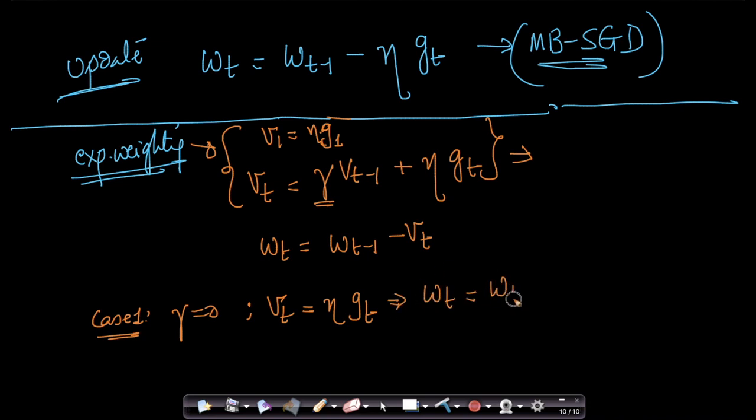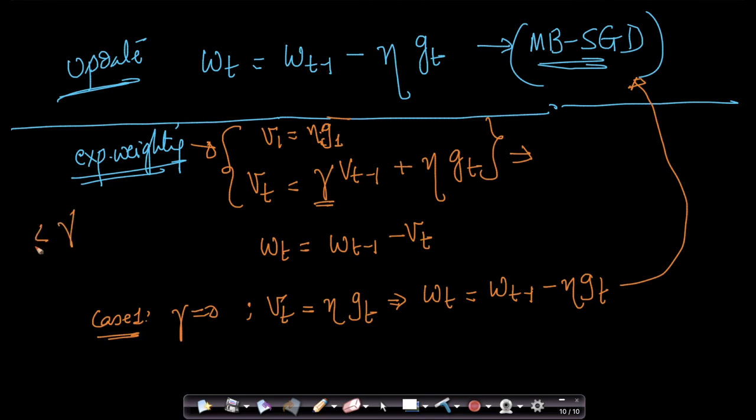My Wt is Wt minus 1 minus eta times Gt. This is nothing but your simple update, right? If gamma equals 0, what you have is your very, very simple case.